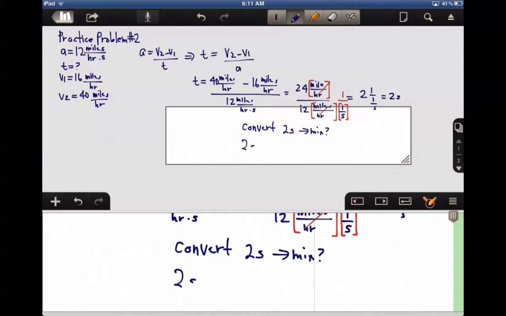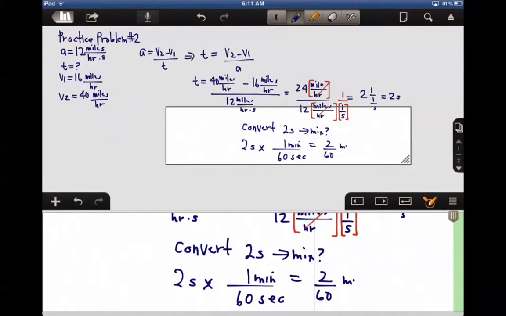So 2 seconds times 60 seconds is 1 minute. So 2/60 of a minute. To divide by 60, 0.03 minutes. So this is an example of what you could do with a problem with funny units.